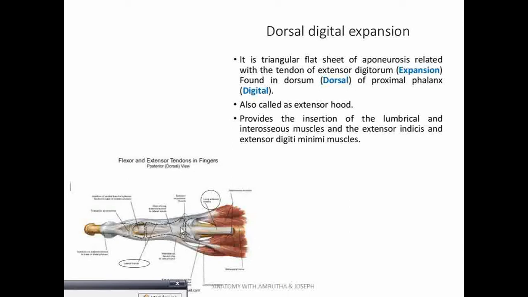Now the extensor expansion provides insertion for the lumbrical muscles, interosseous muscles, extensor indicis, extensor digiti minimi and also extensor digitorum muscles. So the lumbricals and interossei are inserted to the dorsal digital expansion.